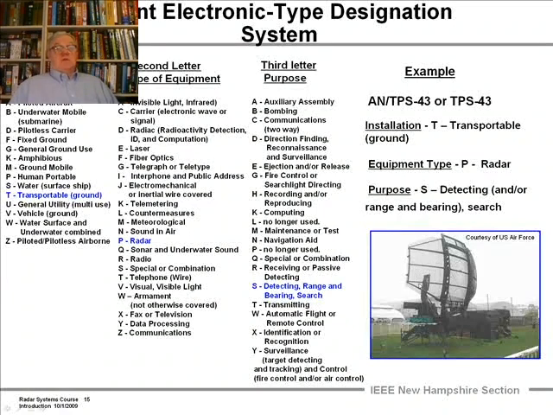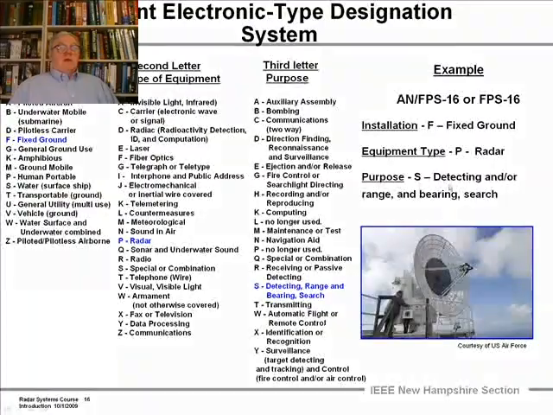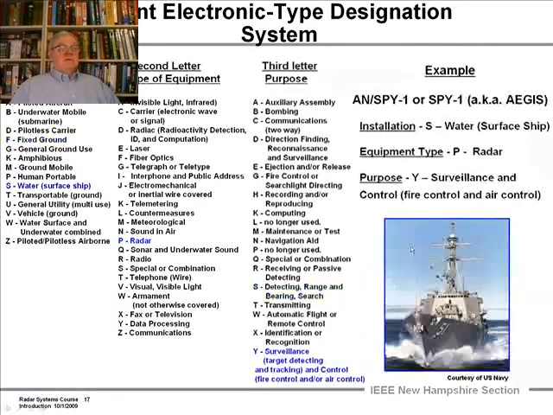So that's what the TPS-43 does. It's a search radar. It tracks. And here's another, an FPS-16, which is an instrumentation radar used at many test ranges. And it's ground-based, it's a radar, and it also does search and track.